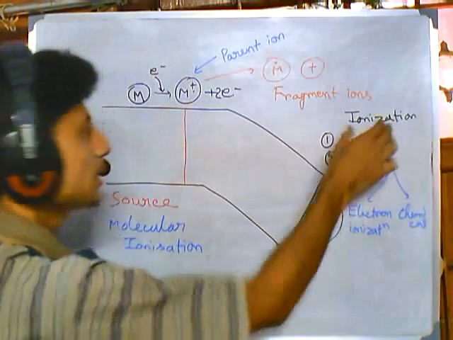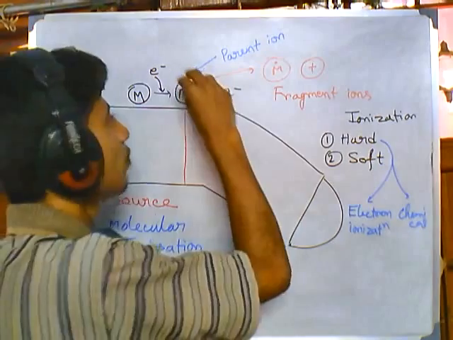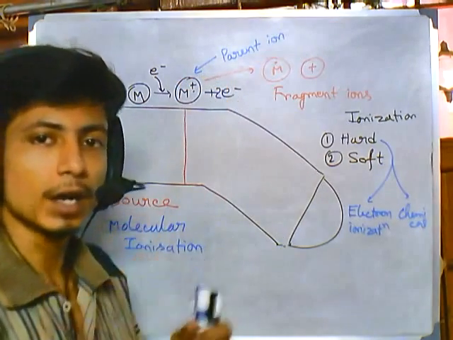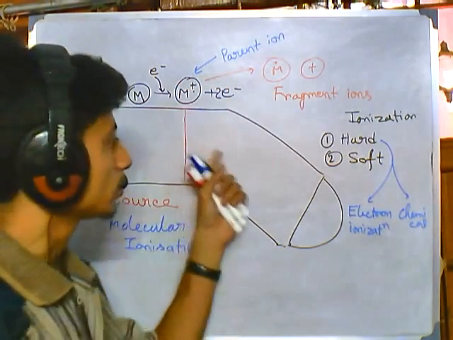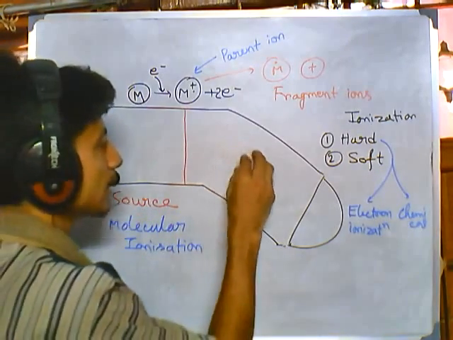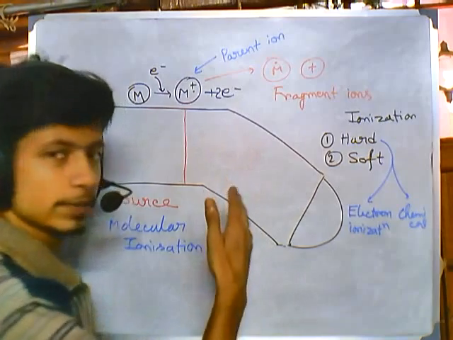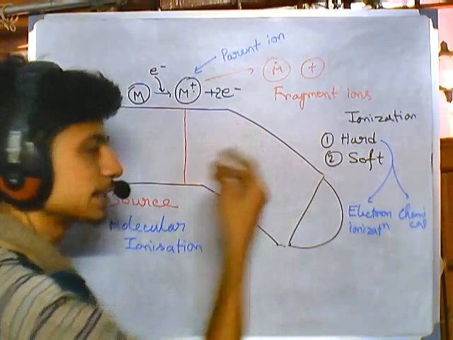Now this ionization, as we know, is very important. Otherwise, if we can't ionize the molecule of our interest, we cannot push it forward through the analyzer, because the mechanism that this analyzer is dealing with is a magnetic field, right? So the magnetic field, and it is a charge field.